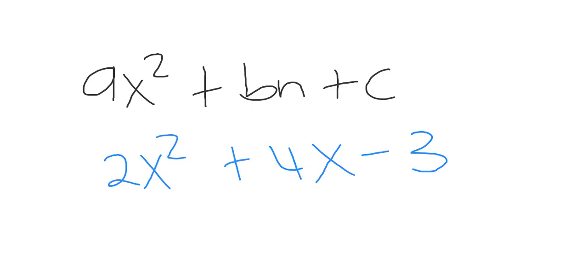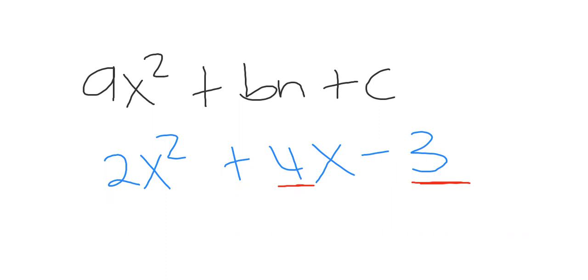So every quadratic expression has an a, and a is usually the coefficient of x squared. b is the coefficient of x, and c doesn't have a variable.